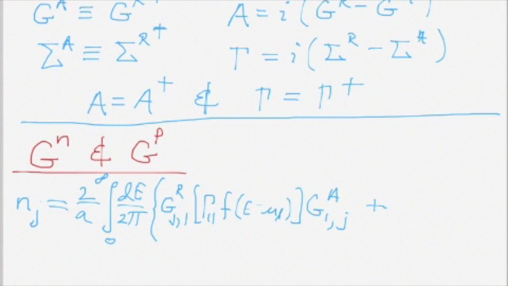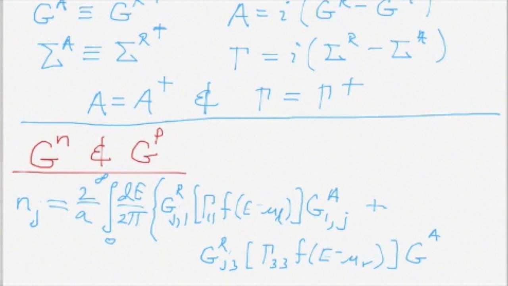And all I've done is I've moved the F inside the brackets, grouped it with the gamma, plus the part that's injected from the right contact, which is GR J3, gamma 33, F of E minus mu right from the right contact, GA 3J.